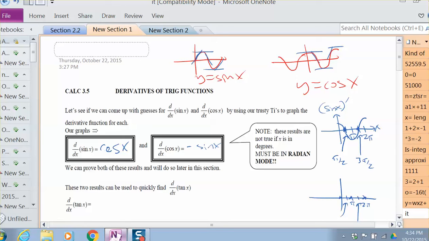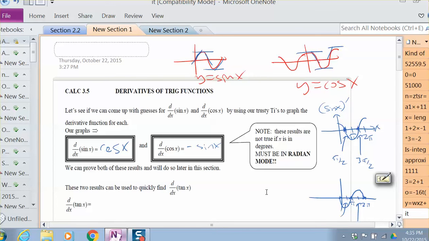Now it's going to have a negative tangent from 0 to pi, then a positive tangent from pi to 2 pi. So it's basically the reflection of sine x over the x-axis. So the derivative of sine is cosine, and the derivative of cosine is negative sine. We can look at it graphically to see why that works.